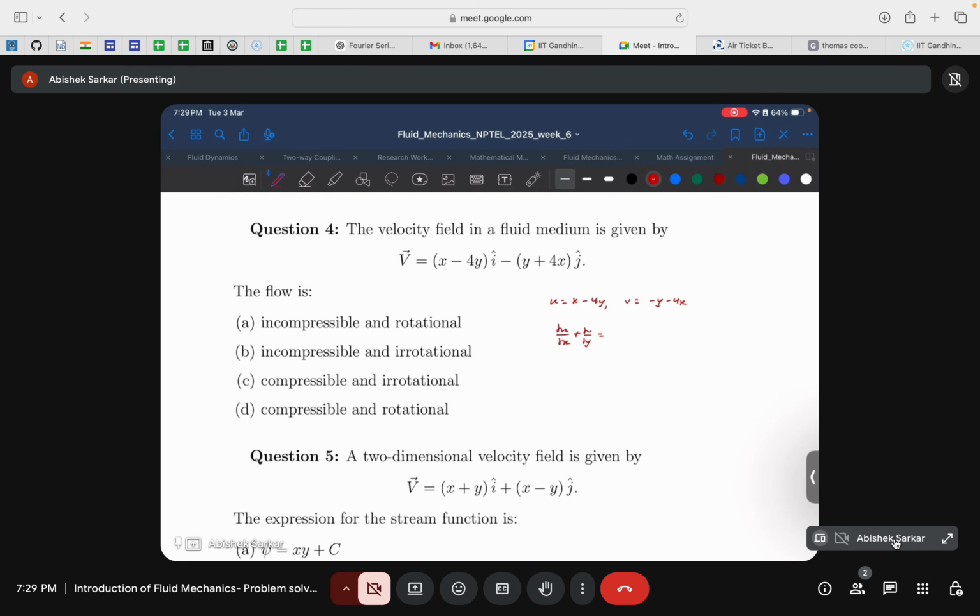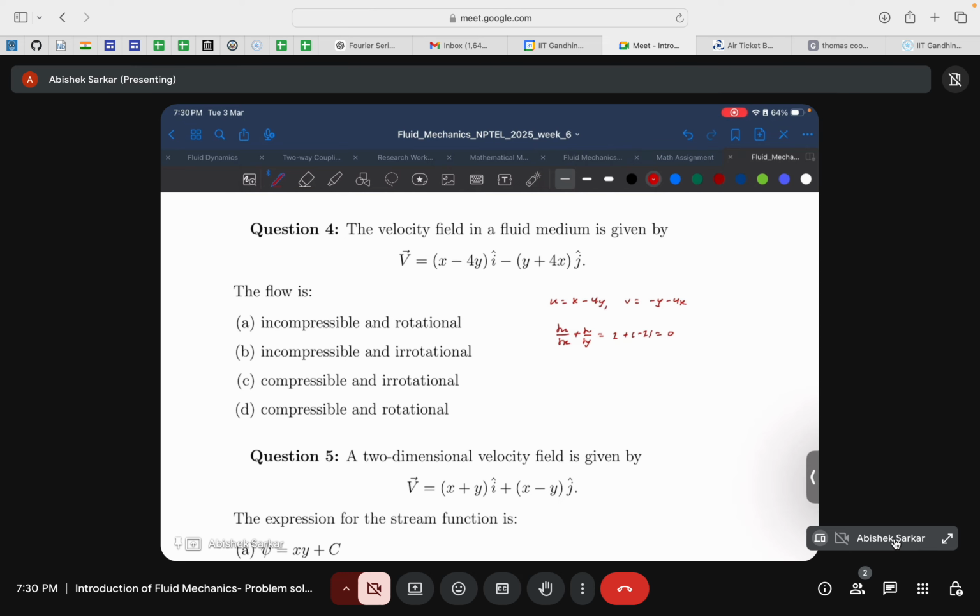Dou u by dou x is 1, dou v by dou y is minus 1, so the sum is 0. I'm extremely sorry. Dou u by dou x plus dou v by dou y equal to 0, so it means that the flow is incompressible. Okay, so option C and D are incorrect, so it's between option A and B.